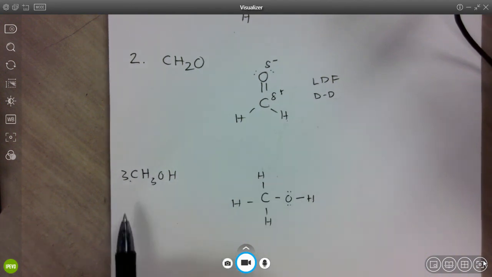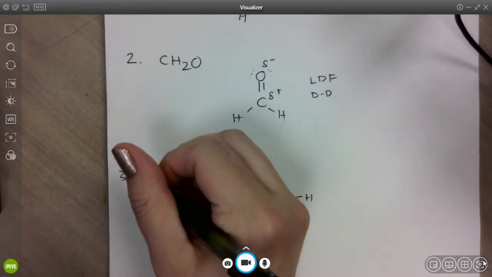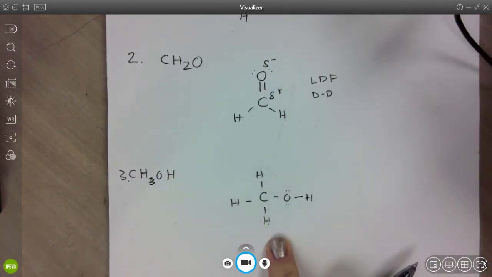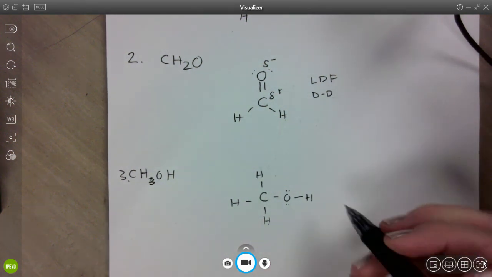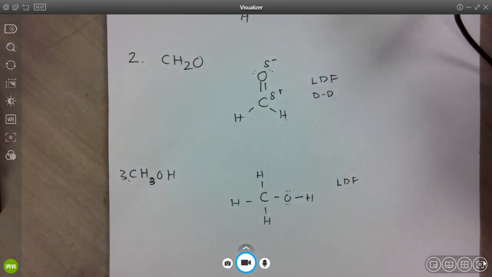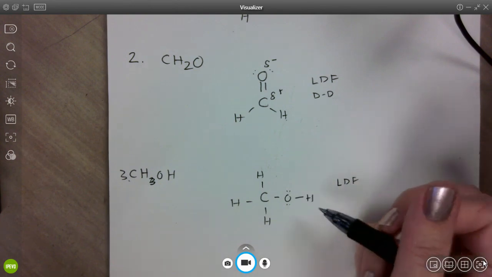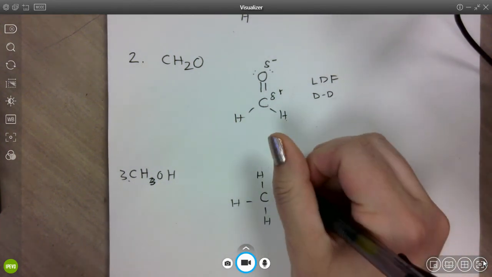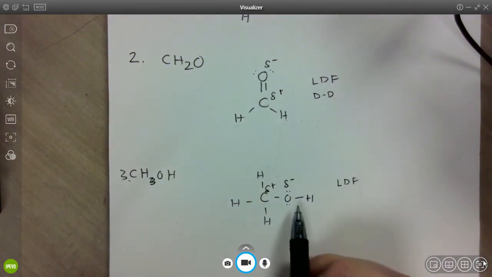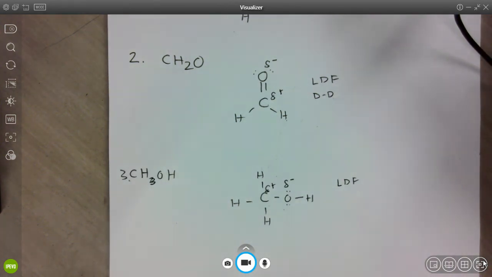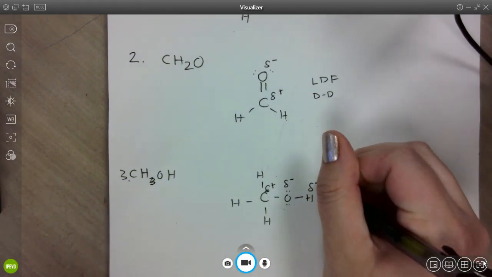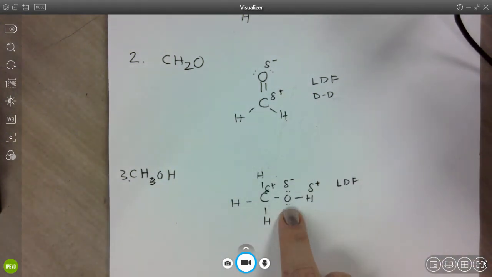Lastly, we have CH3OH. This is the correct Lewis structure for that. If we look, we can draw the Lewis structure, so it has London dispersion forces. If we do our bond analysis, it has a C to O, which we know is polar. Partial negative on the O, partial positive on the carbon. The O to H bond is also polar. The same charge distribution happens where the electrons head to the oxygen.